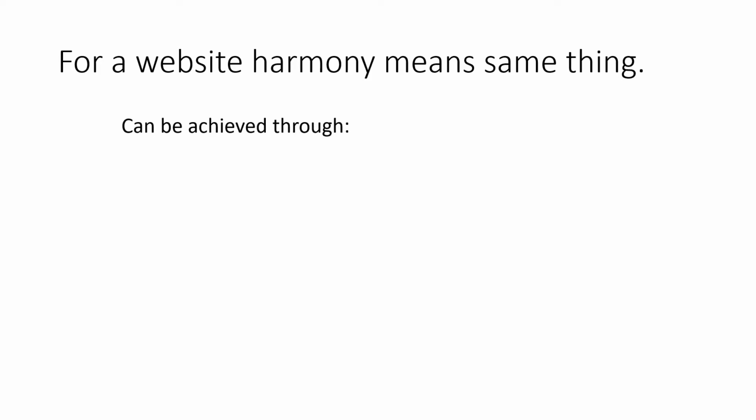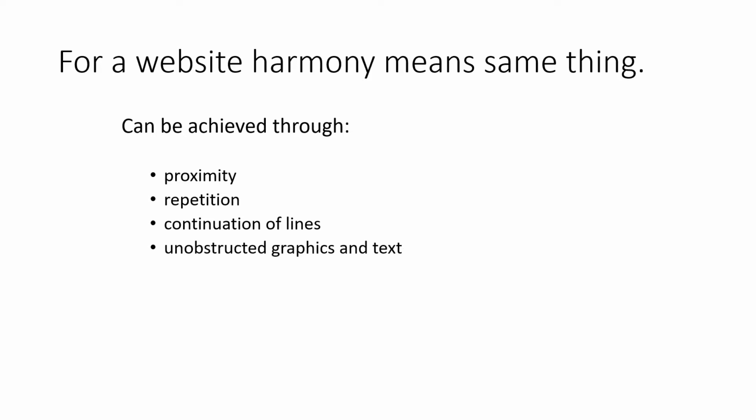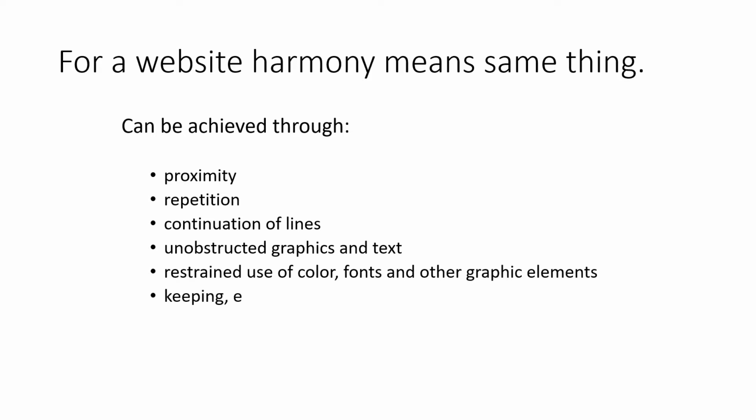You want to achieve harmony by proximity of elements, repetition of elements, the continuation of lines, and we'll talk a little bit about that, vectors, unobstructed graphics and text. This is going to be really important throughout the presentation. Achieve harmony by restraining your use of color, fonts, and other graphic elements.